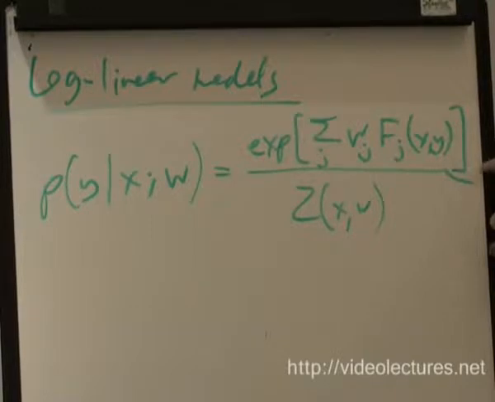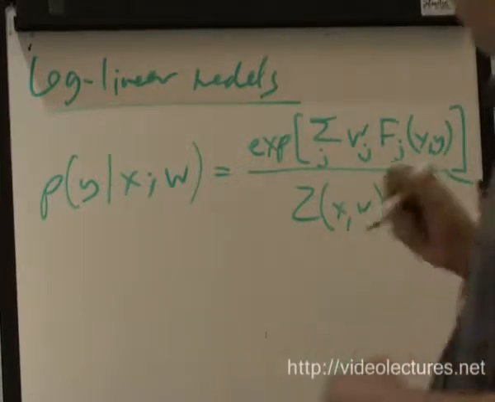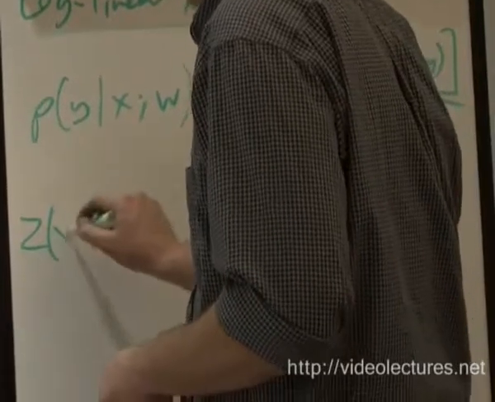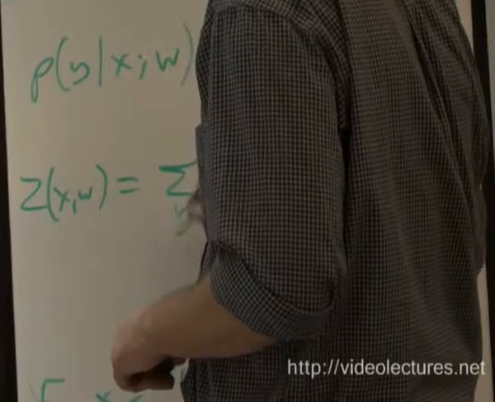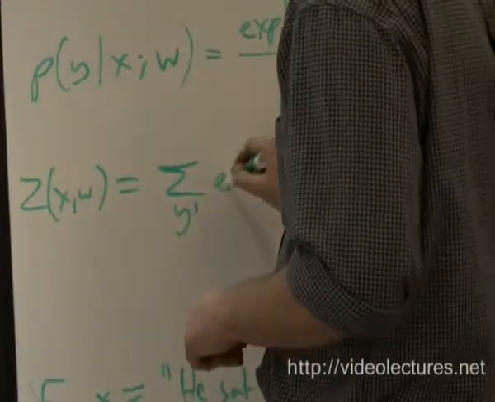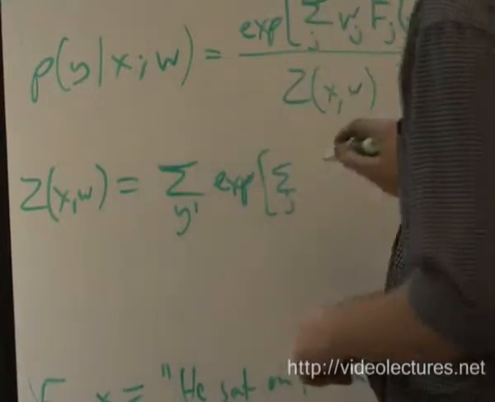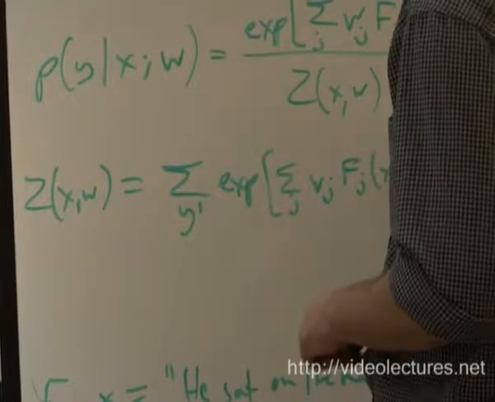And then what are these functions Fj, which are functions of x and y? So I'll give the quick answer to what the denominator is first. This is just the formal answer. The z of x and w is the sum over all y prime of exp of the sum over j of wj Fj of x and y prime.